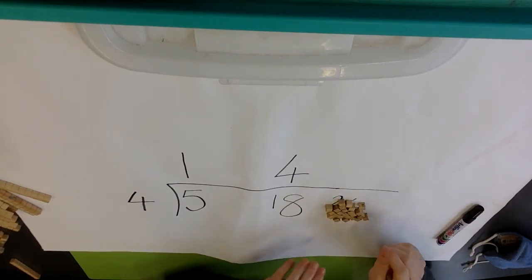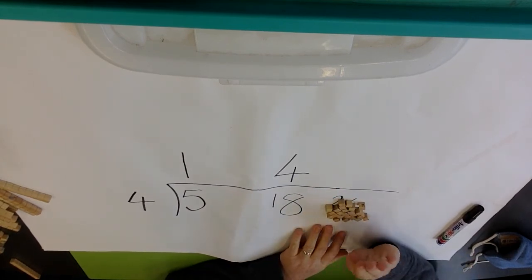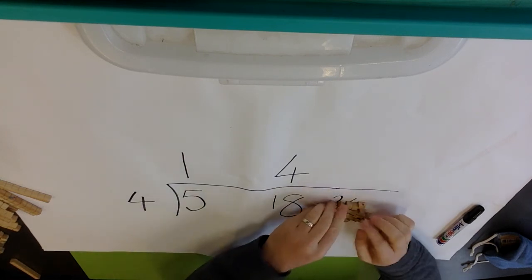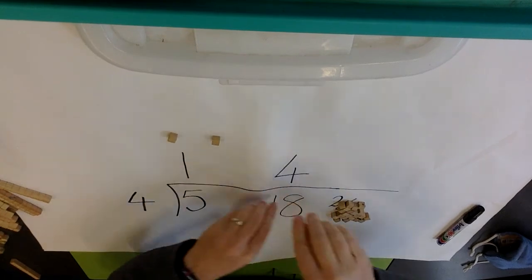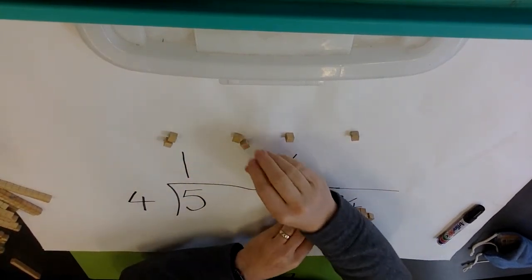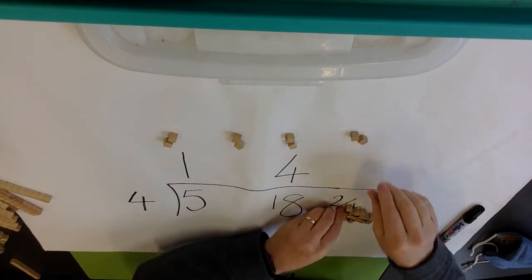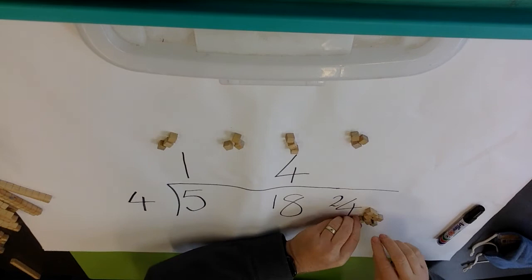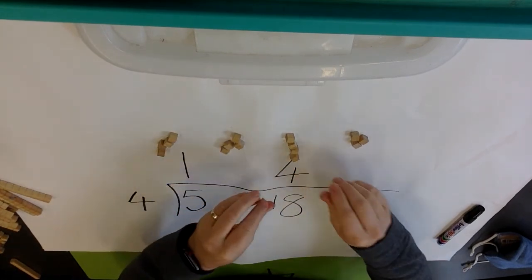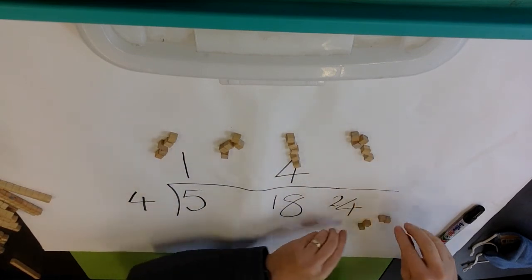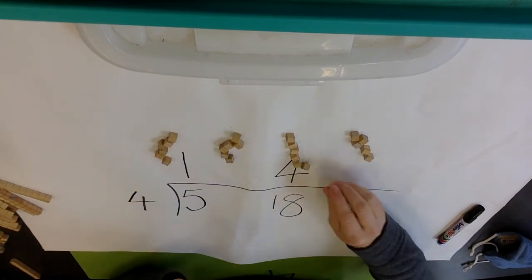So now I have to finish off the sum. I need to do 24 divided by 4. So 24 into 4 equal groups. 1, 2, 3, 4. 1, 2, 3, 4.